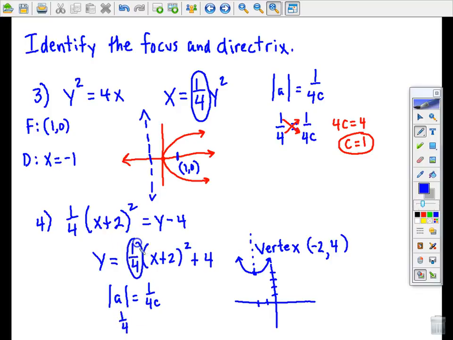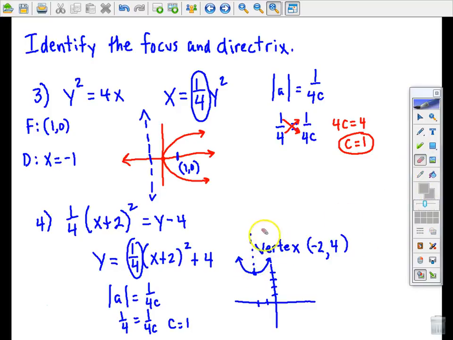This is A, whatever the number is in front of the parentheses, and over 4C. So hopefully you can see that 4C equals 4, so C equals 1. All right, well, that really helps us locate the focus because I'm going to travel up one place.